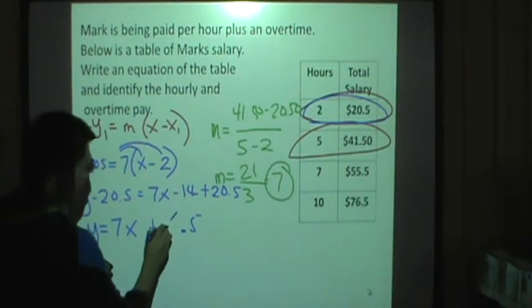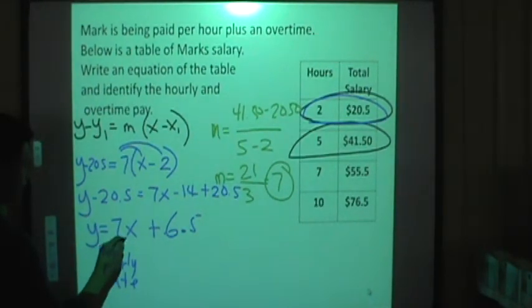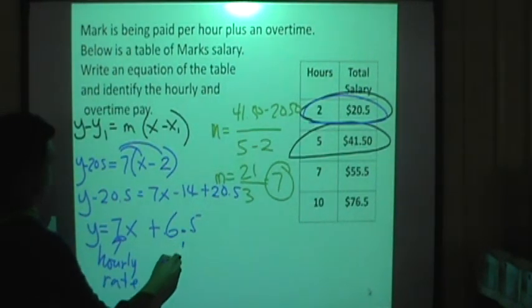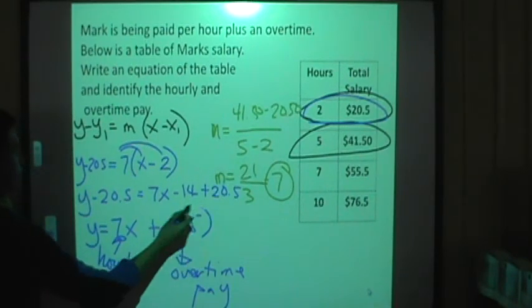Now I can say that the hourly rate is $7, while the overtime pay is $6.50.